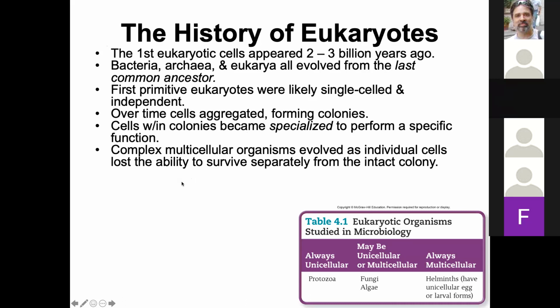The first primitive eukaryotes were probably single-celled and independently living. They would probably resemble something that we know today as protozoa. And we'll get into what protozoa are a little bit later on.